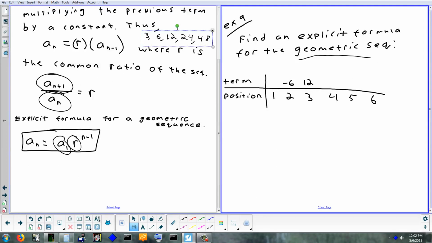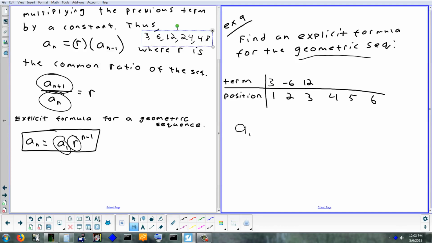So you multiplied by -2 to get to the next term. So look at the common ratio. 12 divided by -6. That's how I figured it out, is -2. So, what would have to go in your first term? How much? 3, yep. Because -6 divided by 3 is -2.